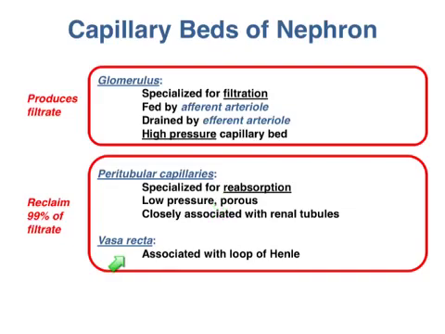The vasa recta, similar to the peritubular capillary beds, are low pressure and porous, but slightly more linear in structure and tightly associated with the loop of Henle.